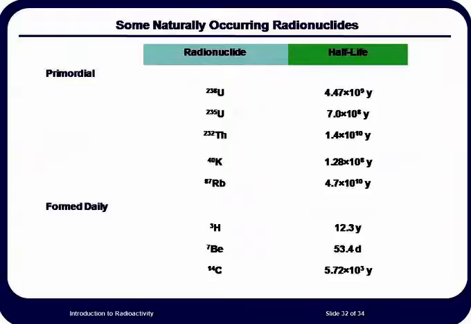The first group is referred to as primordial, which means that they were formed when the Earth was formed some 5 billion years ago. Note that these radionuclides have half-lives in the hundreds of millions to billions of years. The second group is those radionuclides that are formed every day as a result of high-energy particle bombardment from the sun causing nuclear reactions with oxygen, nitrogen, and carbon in the upper atmosphere.